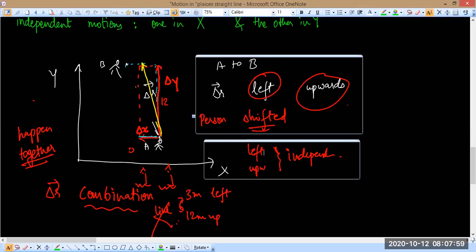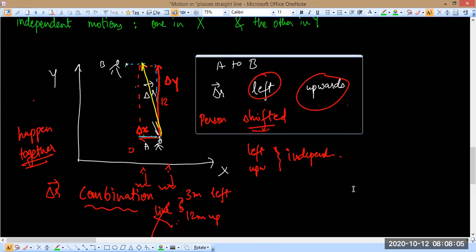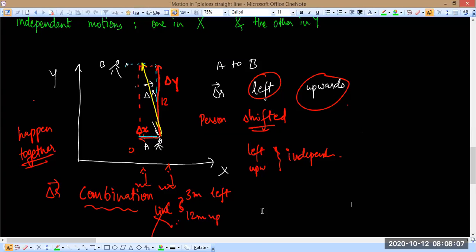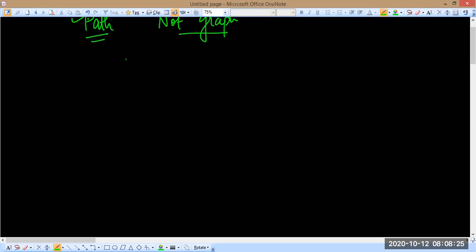Okay then. So now we are going over to understanding the direction of displacement. Let's continue with this topic. Consider that I'm drawing the path, not a graph, of a moving body.